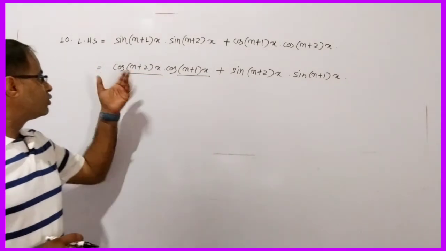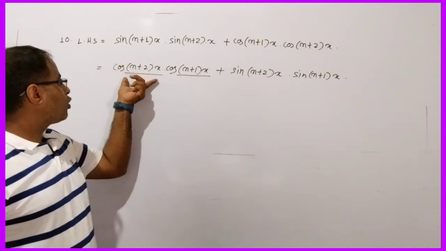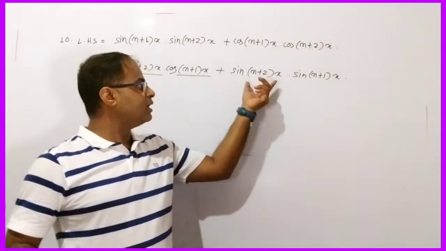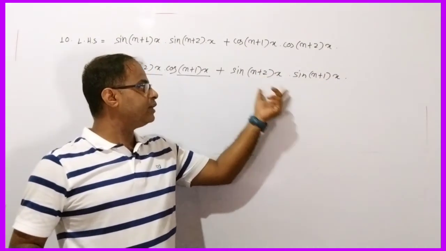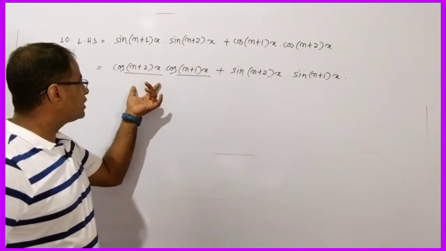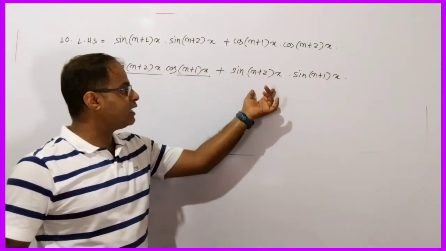Observe that cos A cos B plus sin A sin B, here A is (n + 2)x and B is (n + 1)x.